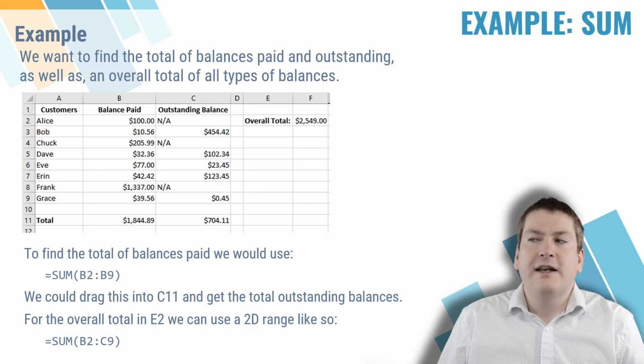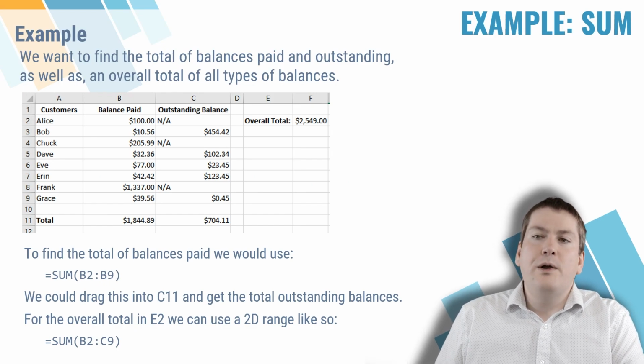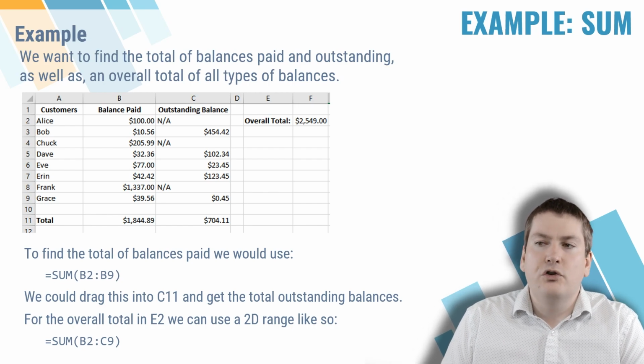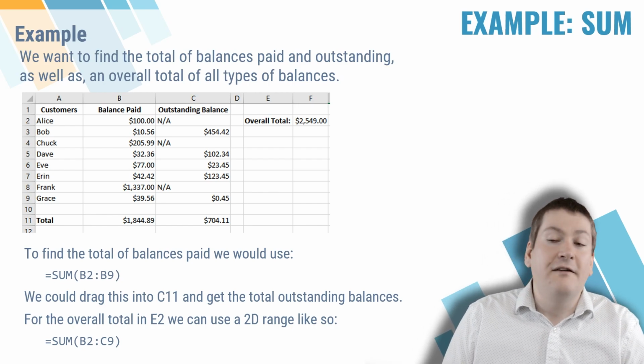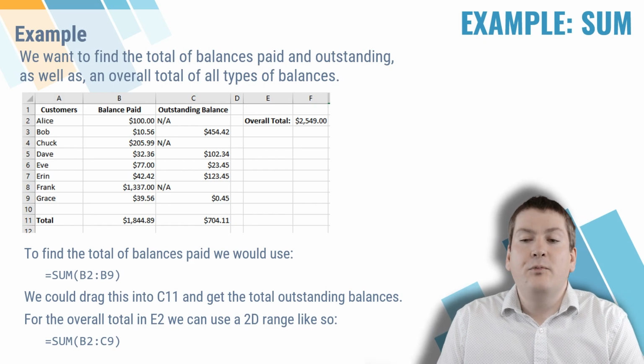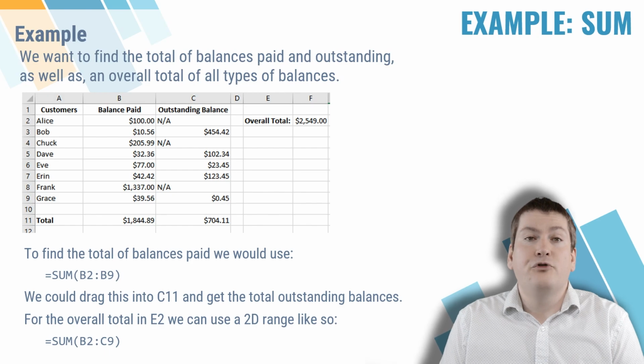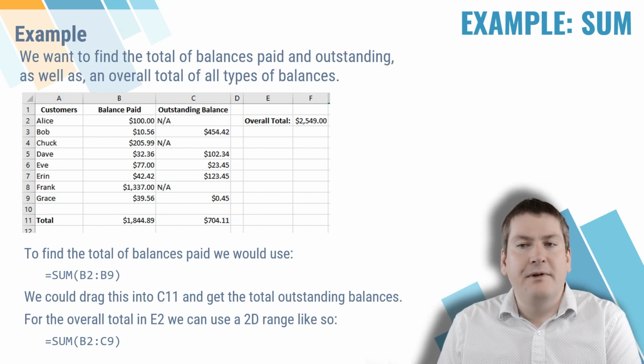Then we would include an example. Here, we want to find the total of balances paid and outstanding, as well as the overall total of all types of balances. I've included a screenshot here, as well as how we use the sum function to solve this example. This example should be your own creation. It can't be copied from another place.